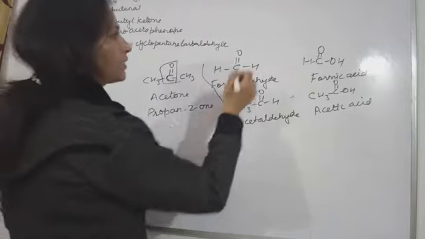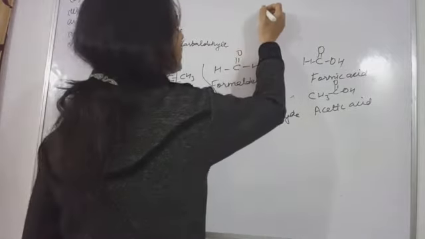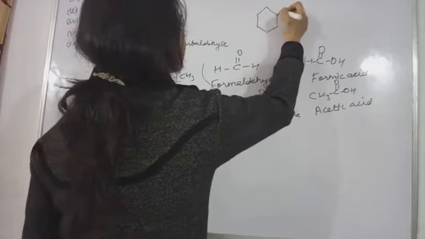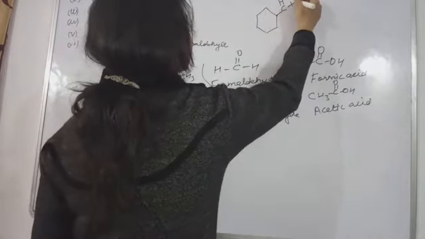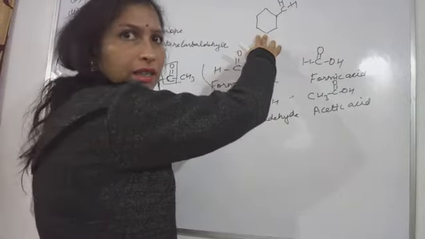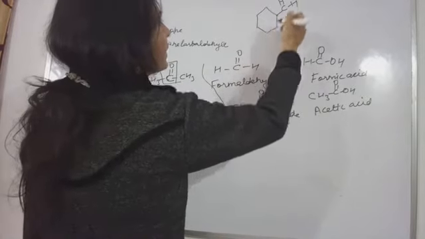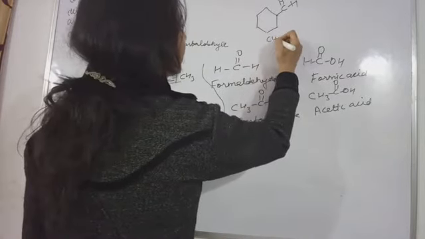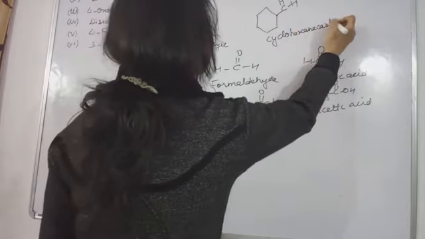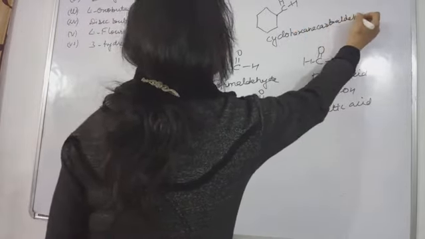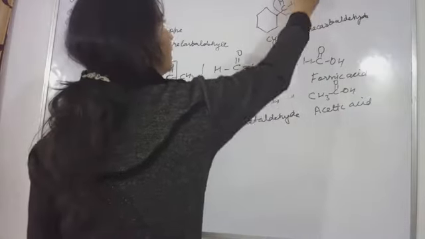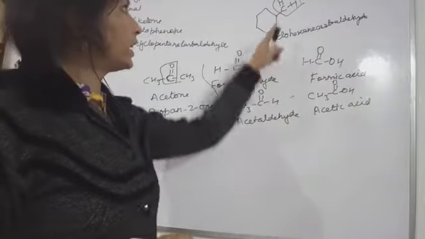Suppose your aldehyde group is attached to a cyclohexane, that is, cyclohexane containing this CHO. What will the name of this compound be? In this case, this is called cyclohexane carbaldehyde, because this carbon is not counted in the parent chain.